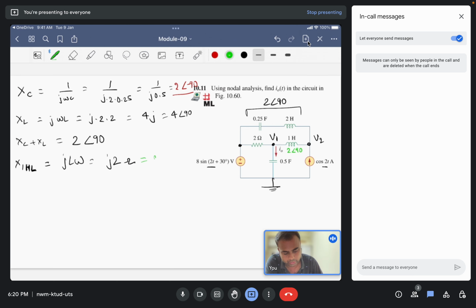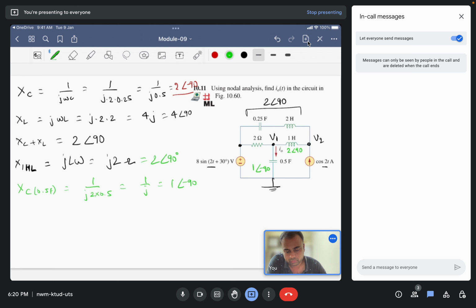And similarly for the capacitor XC, for the 0.5 farad capacitor, 1 upon j into 2 into 0.5, so this is 1 by j, simply 1 angle minus 90. So we now have all the impedances here.